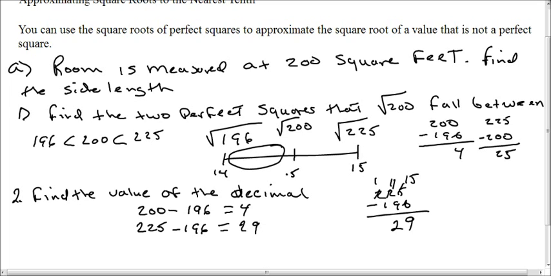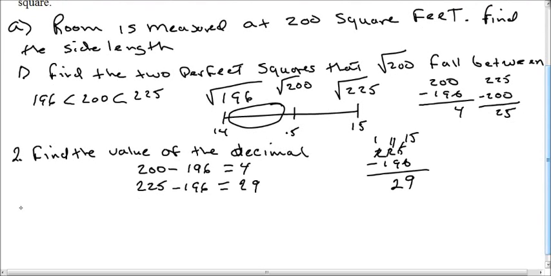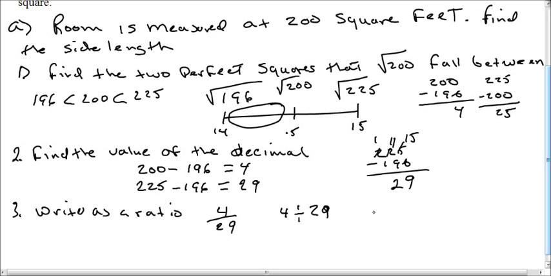Now I want to write these as a ratio. So if I write these values as a ratio, I'm going to get 4 over 29. And of course we all know that that just means 4 divided by 29, or 29 divided into 4.